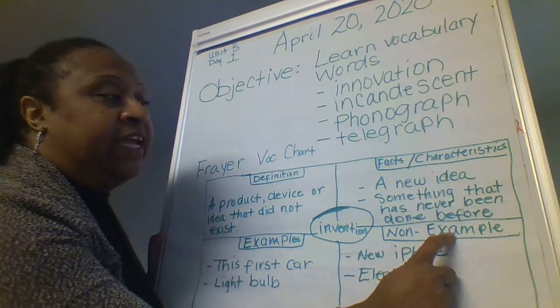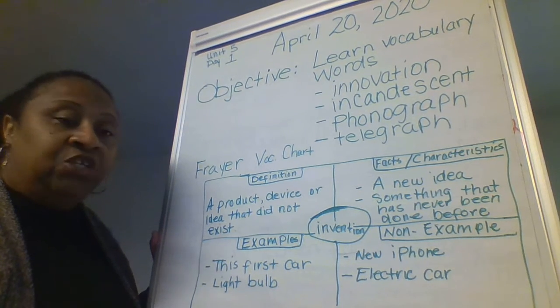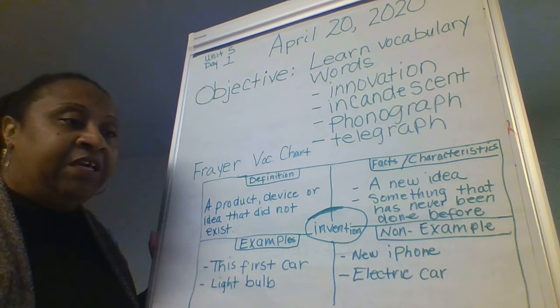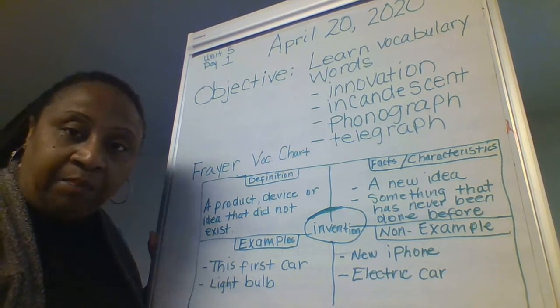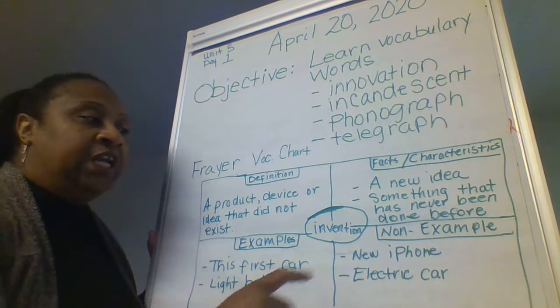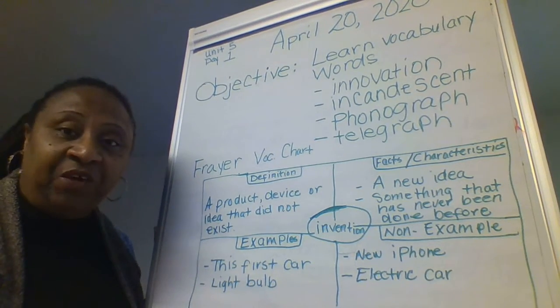This one wants a non-example, a non-example. So what that means, a non-example, it means just the opposite of an example. So a non-example would be something that is not an invention, okay?